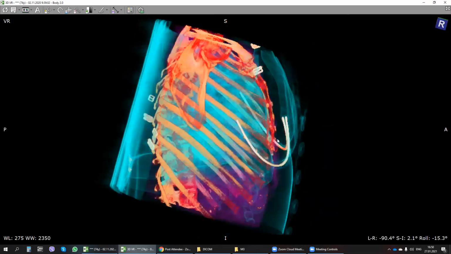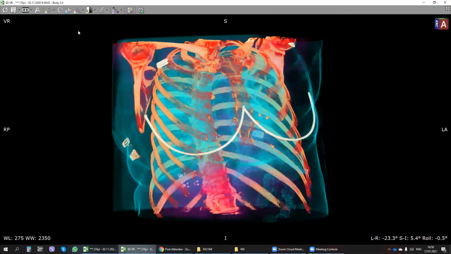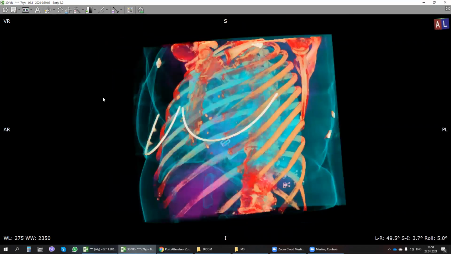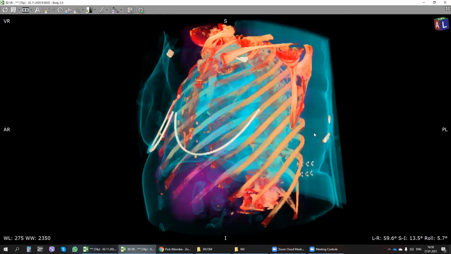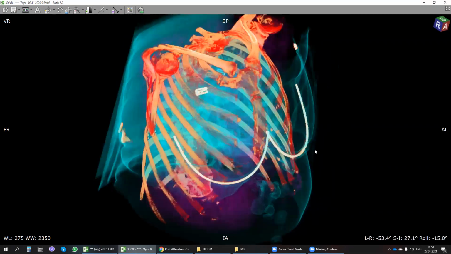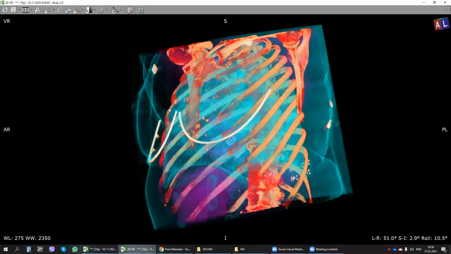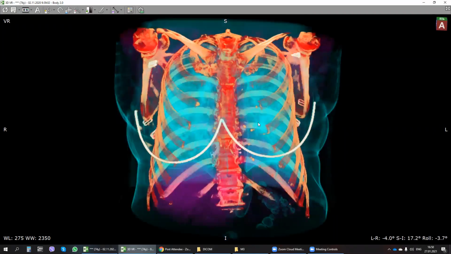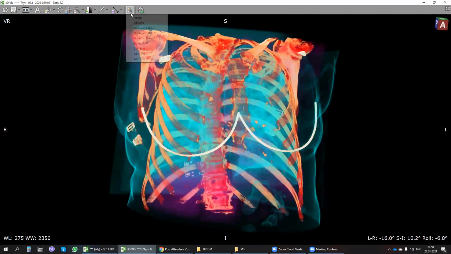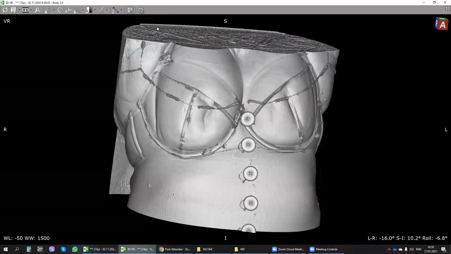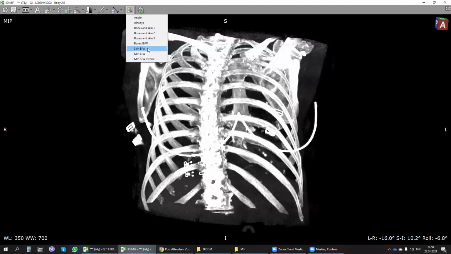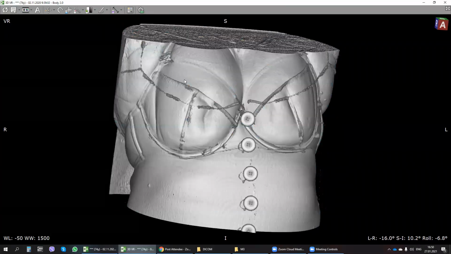By the way, this software can be downloaded for free. This is DICOM Radiant Viewer. It has a trial period, so you can download it for free and download samples of computed tomography images and try to explore them by yourself. Here you can see the bones, skin, and maximal intensity projection.